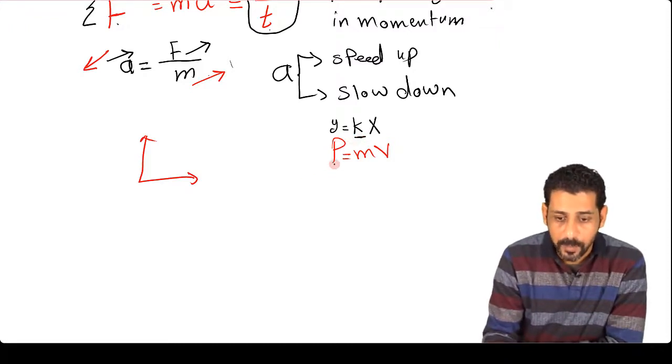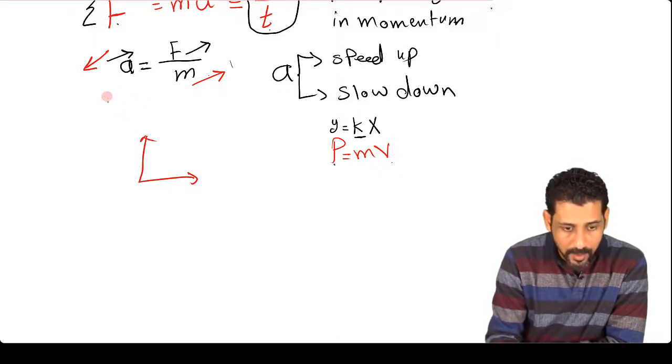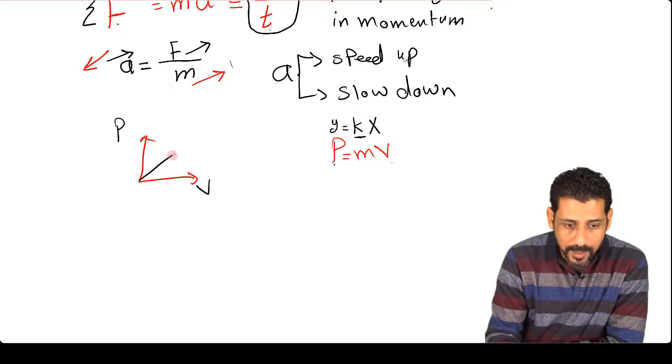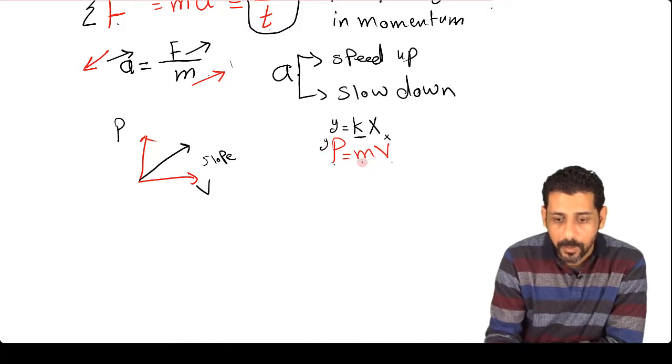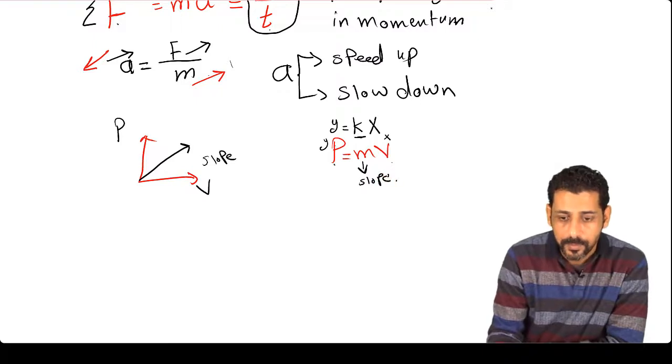If I take P and V, in this case it gives you a straight line, with V as the X and P as the Y, so M will be the slope. Or you can say P over V equals M, and this is the slope.